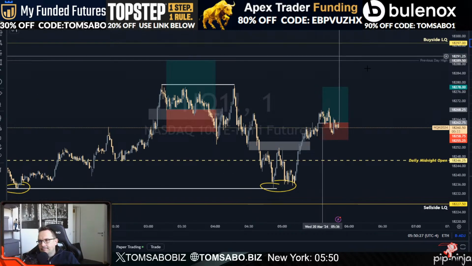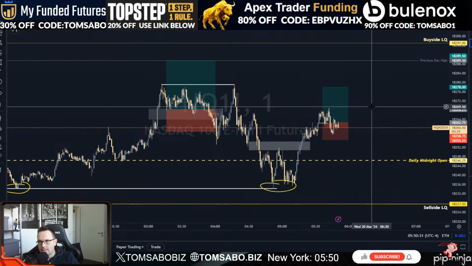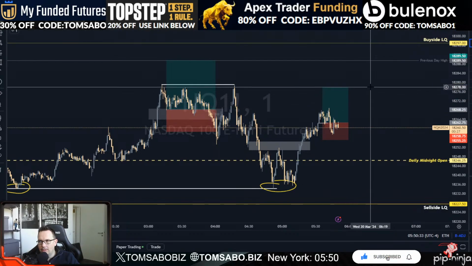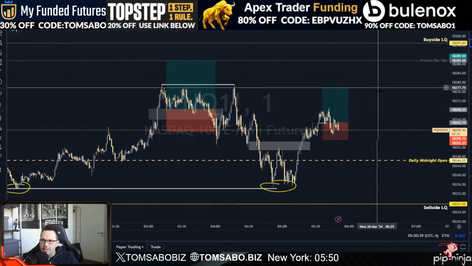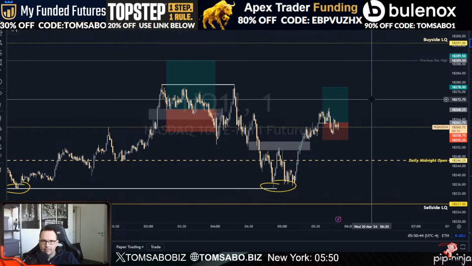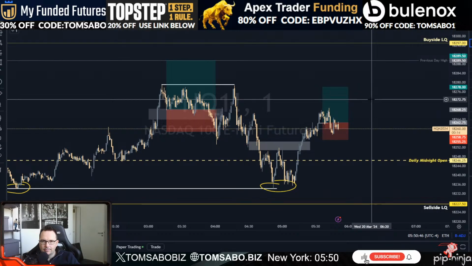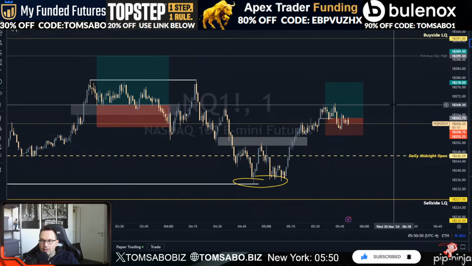If the short setup fails at 69, that would be awesome. Then I would be gladly holding this trade until 78, but it doesn't seem like it. On days like this, really the only thing you can do is just walk away.